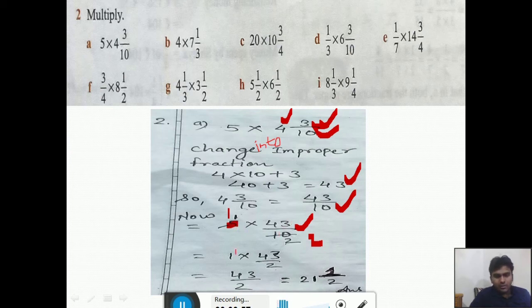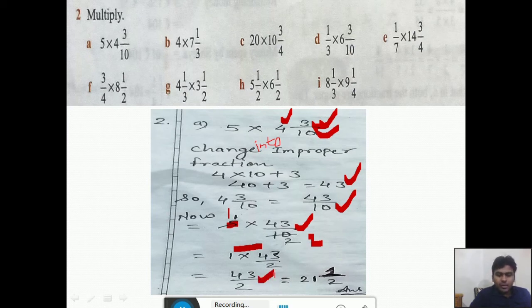So now we multiply the numerator with numerator. So 1 into 43 upon 2 equals 43 upon 2. Now we can give the answer in mixed fraction also. So this answer is an improper fraction. Why improper fraction? Because the numerator is bigger. So we can change it into a mixed fraction.